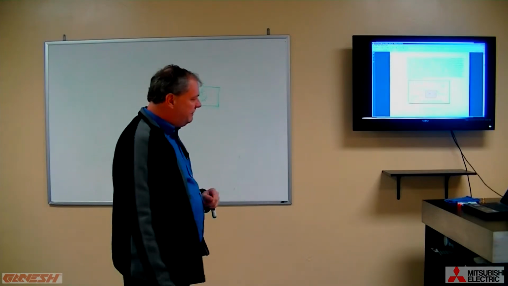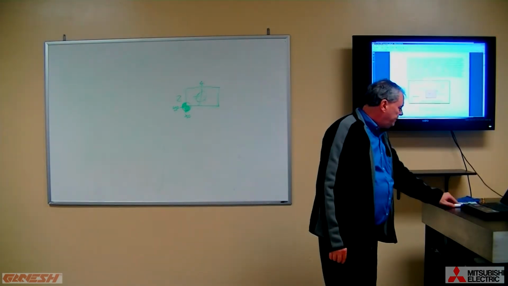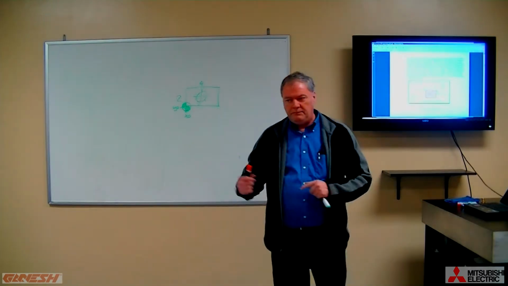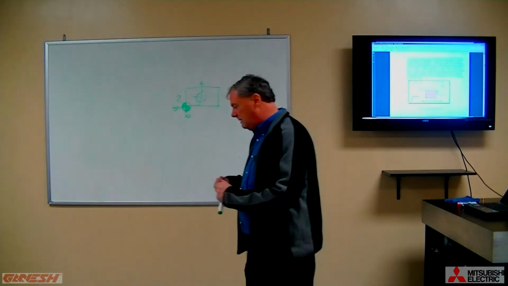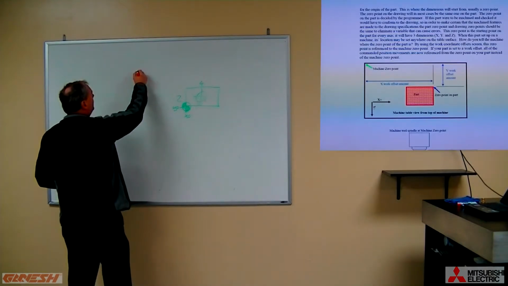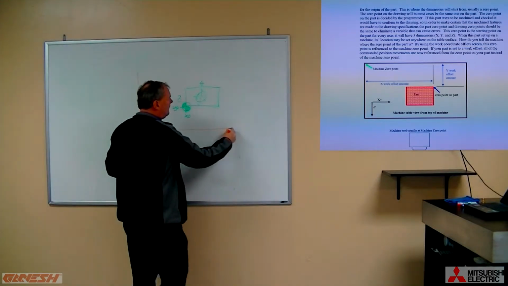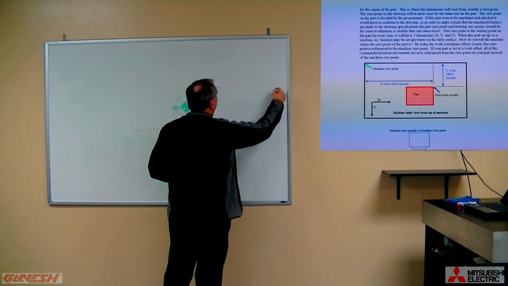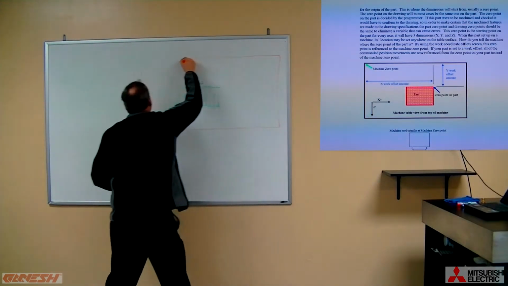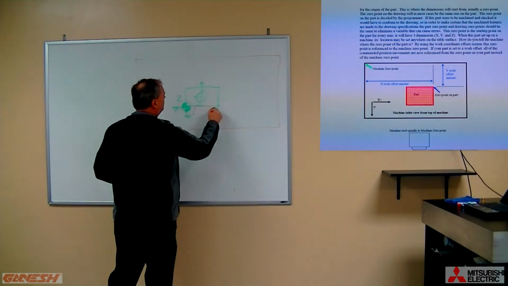But what you need to be aware of is that you will continue to program thinking like this, but what's really happening is you have a machine table that this part is located on. You might be holding this with a vise.